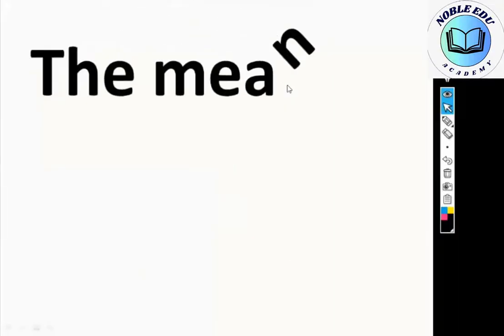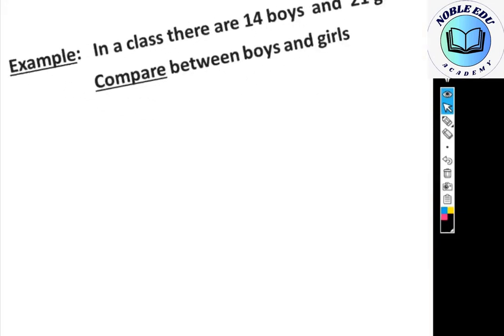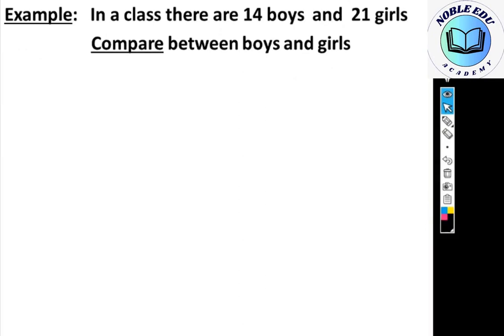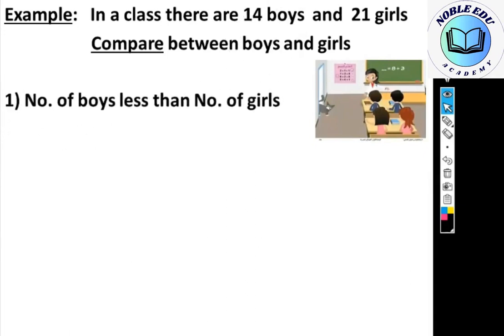Hello, my dear students. Our lesson today is about the meaning of ratio. For example, in a class there are 14 boys and 21 girls. I want to compare the number of boys and the number of girls. Someone can say the number of boys is less than the number of girls.